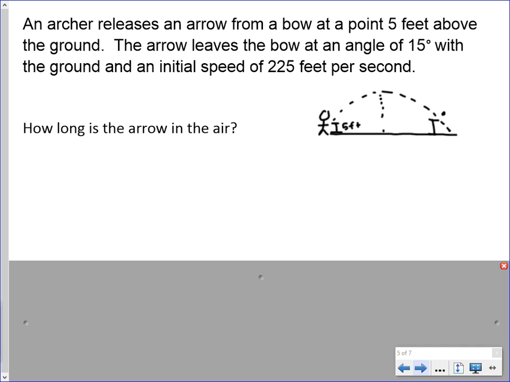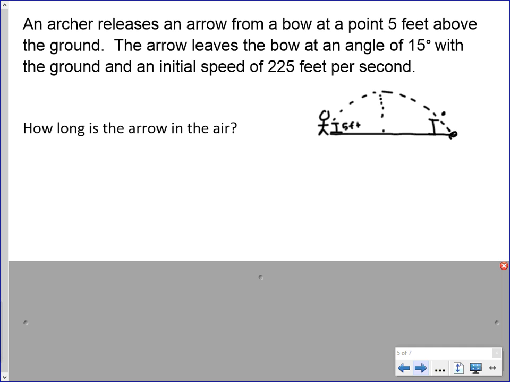But we need to think about, because we will of course want an exact value, how we might be able to find that exact value when it hits the ground, and you would tell me set y equal to 0, because y equals 0 represents a height of 0, and if your height is 0, you're on the ground.